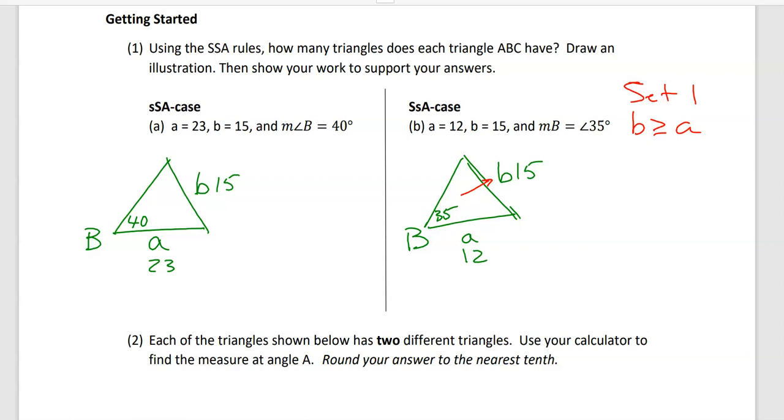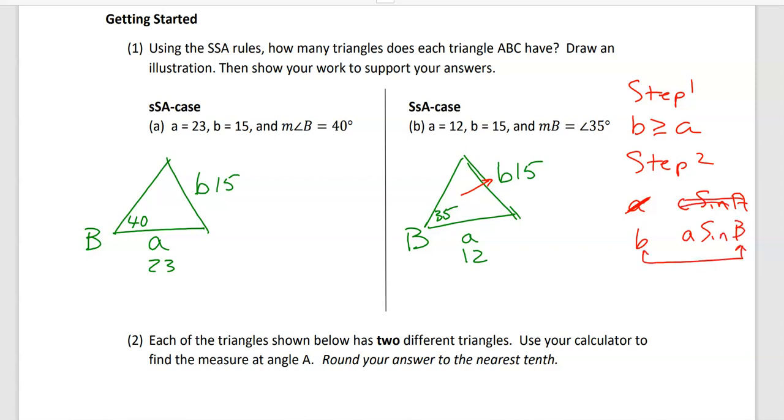If the answer is no, then we go on to step 2, which is our sine rule, which in this case is going to be comparing B to A sine of angle B. So again, these are opposite each other.